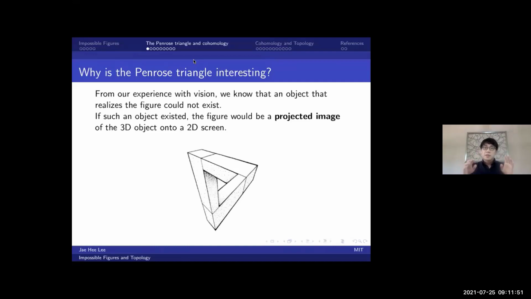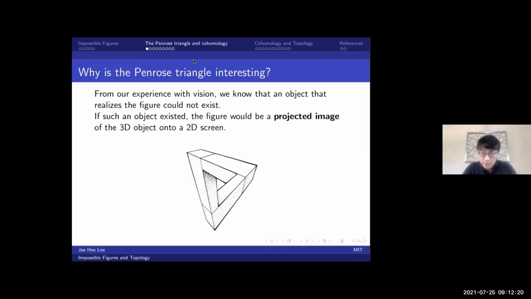So if the object existed, it would just be out there in the air in some 3-dimensional space, and we have our own 2-dimensional screen, which is in this case my iPad screen or whatever screen you're watching this talk through. And the figure we're looking at on this 2D screen would be a projected image. So that's the basic geometry behind this.